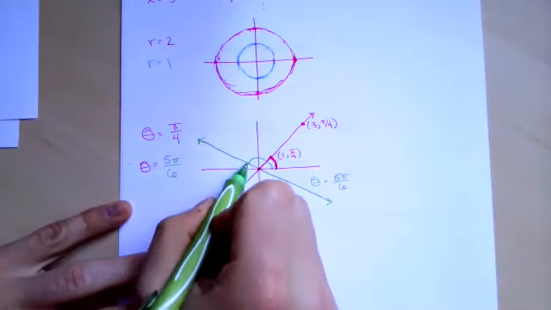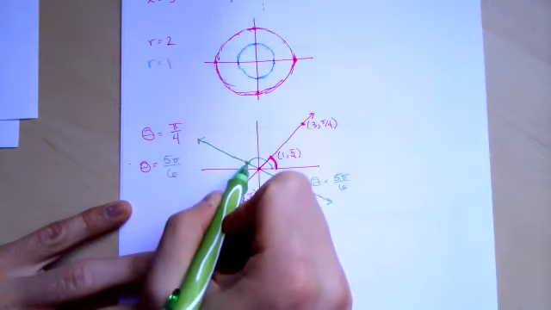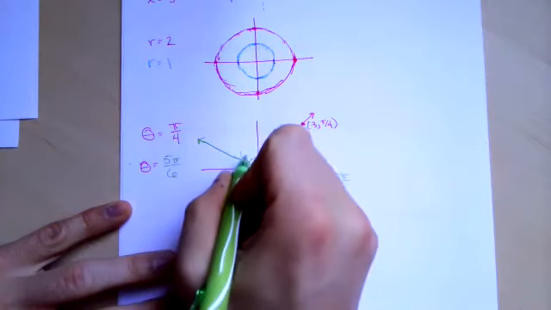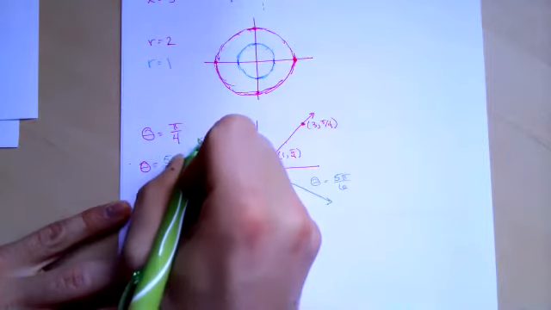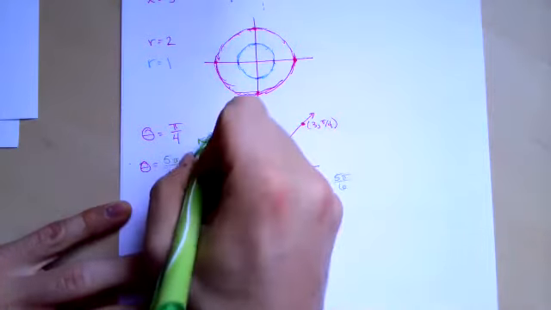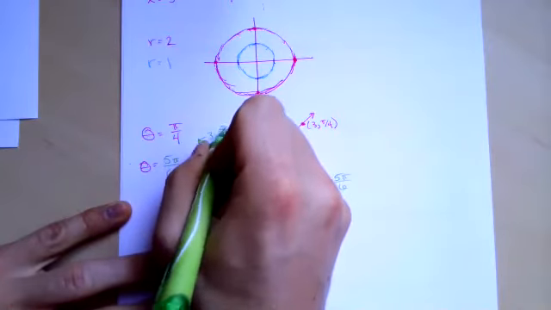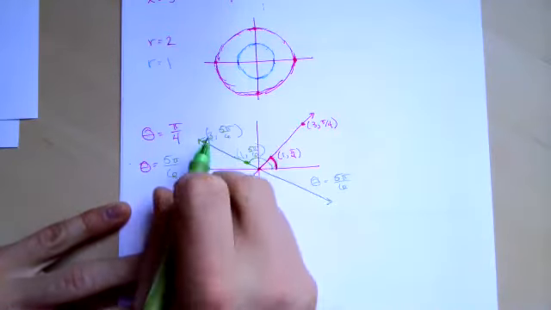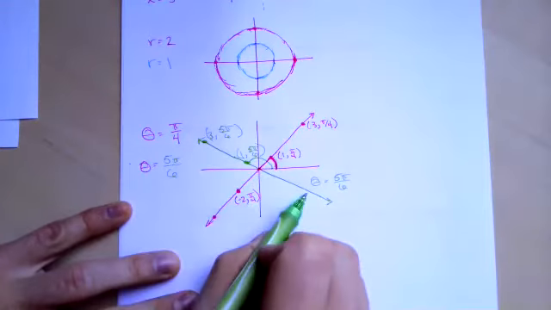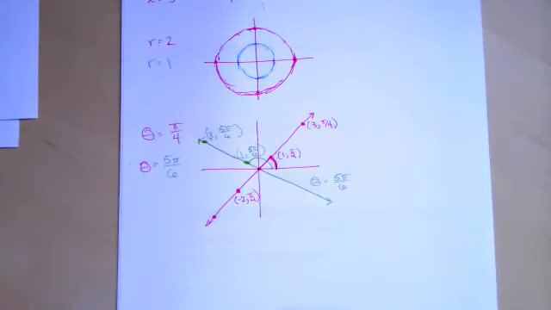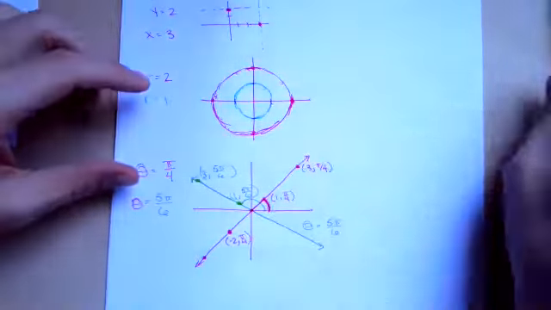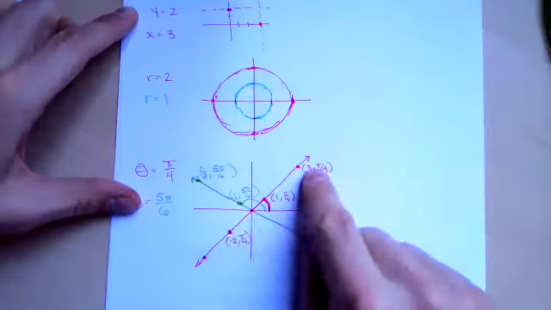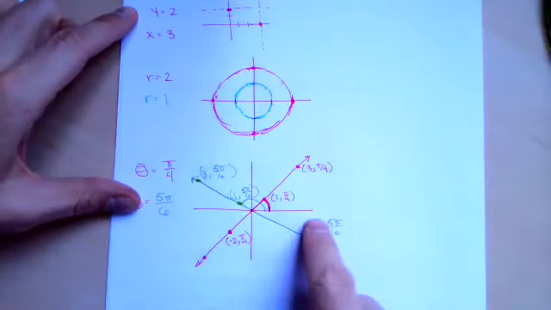So if I go 5 pi over 6, depending on my radius, this one might be 1, 5 pi over 6. Up here, maybe 3, 5 pi over 6 would be that point on that line, and then of course we could go negative. So this kind of gives us our polar grid with circles and then radial lines through the origin.